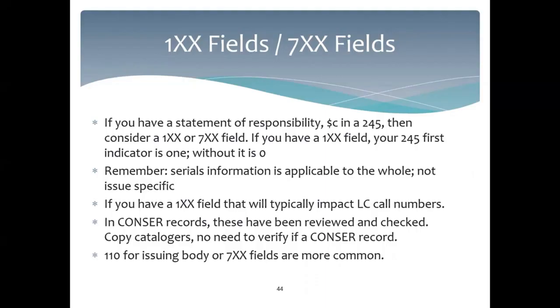We'd be more likely to list them in the 264 as a publisher, and then we might list it as a 710 and call them an issuing body. So that would be more likely what we would see. But we don't see a whole lot of subfield C. That would be who authored it, who edited, that kind of thing, because it has to apply to the serial as a whole.